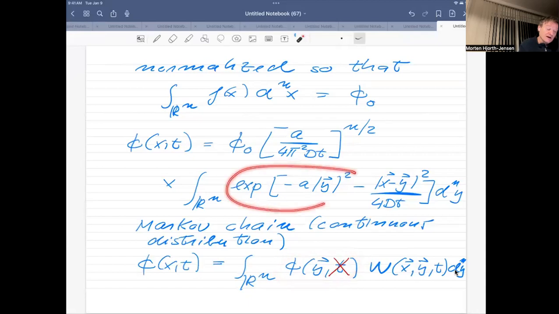And if we assume that the initial function, the initial condition, is given by a Gaussian, then when we perform this integral, we are going to get back a Gaussian.